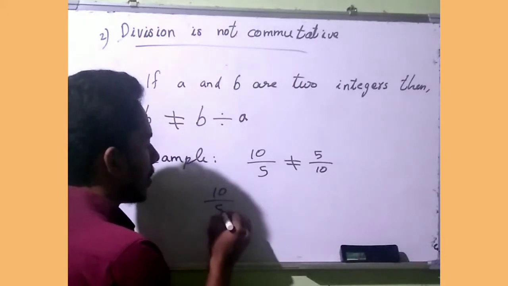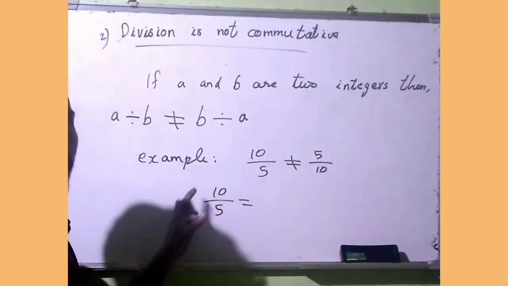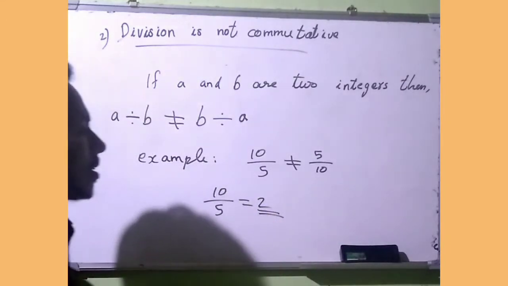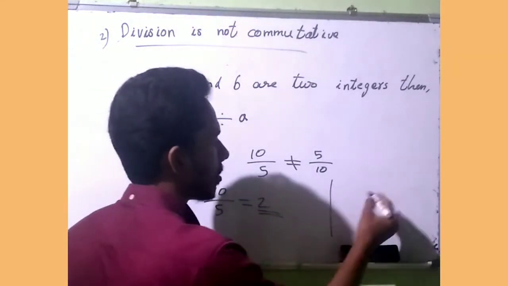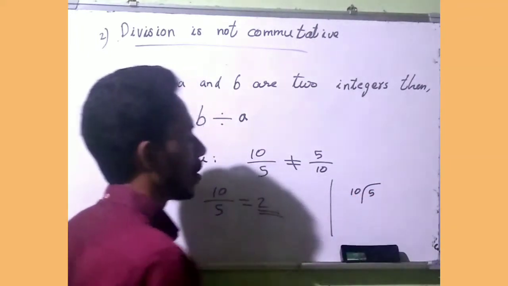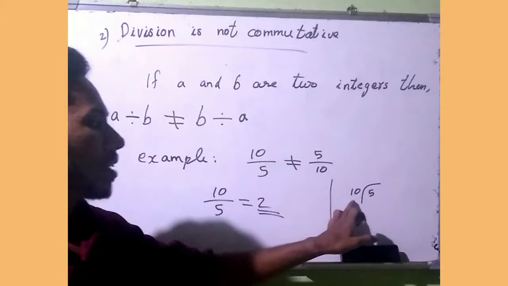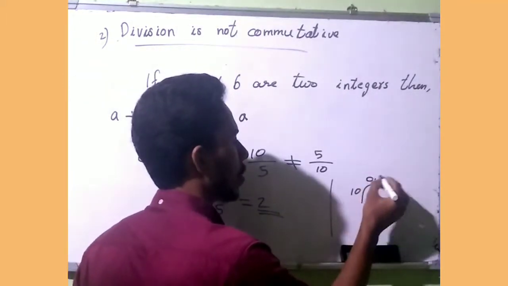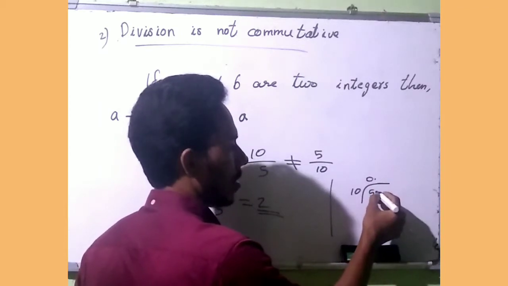10 divided by 5 is equal to 10 by 5, which equals 2. Then 5 by 10. How many tens are there in 5? No. So 0 point, then add 50.